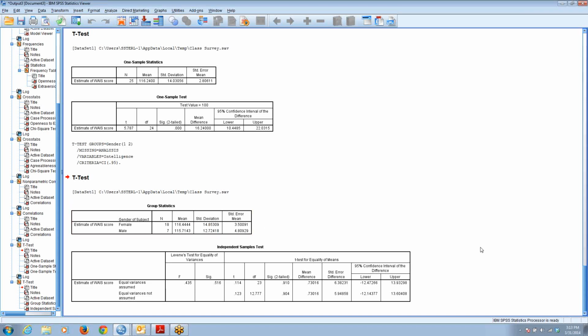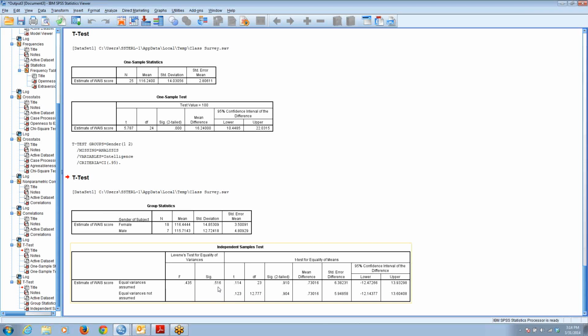I think people sometimes get confused when they look at this box right here, so I want to walk you through it. The first thing that the independent samples t-test tells you about is equality of variances. And there's something called Levene's test. The first thing it'll do is ask the question, is there a significant inequality of variance?